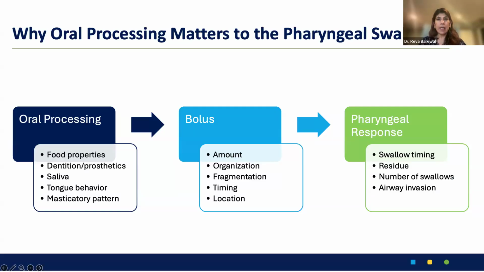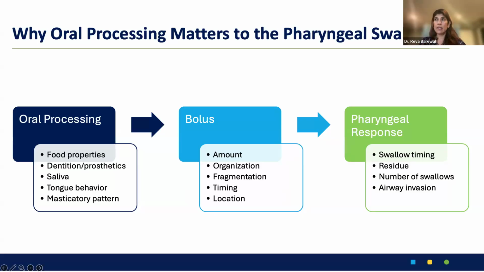So basically, my questions are with regard to oral processing: looking at the food properties, the dentition, the saliva, the tongue behavior, the masticatory pattern. We went over all of that. We went over the bolus, and really what we want to do is look at the amount and the fragmentation. Where is it located? Is it under the denture? Is it in the posterior folds?